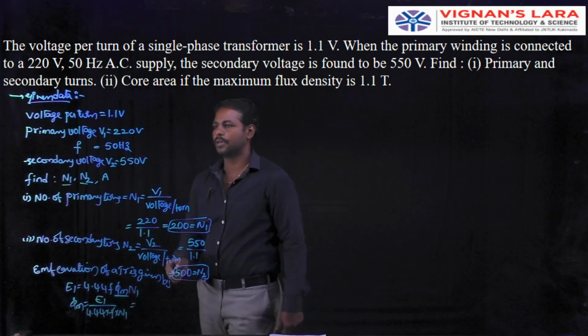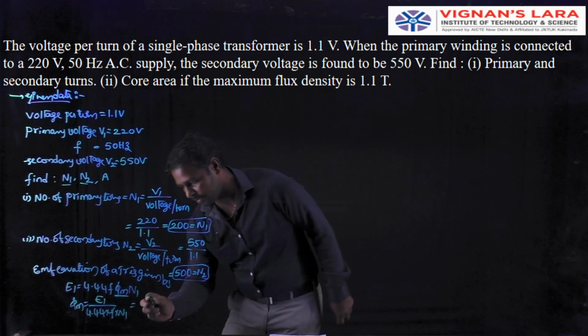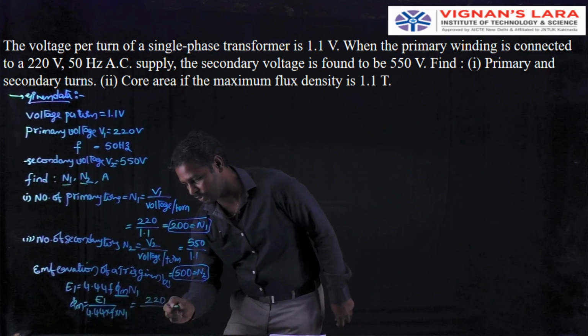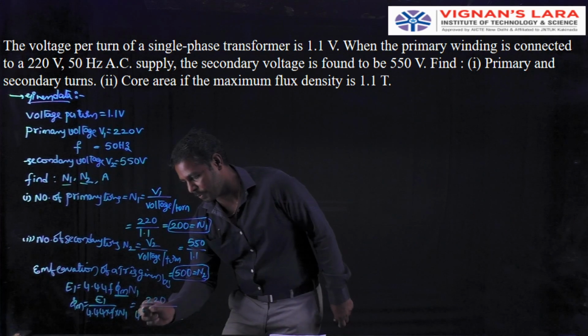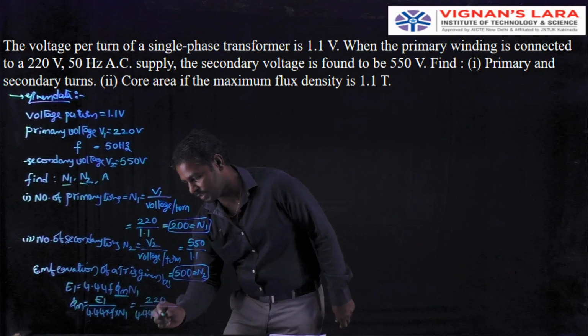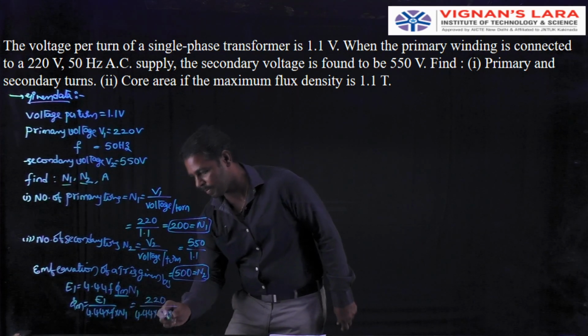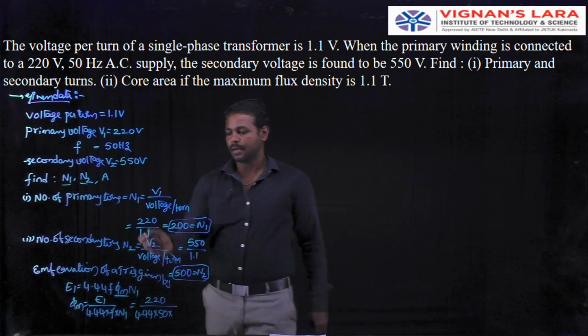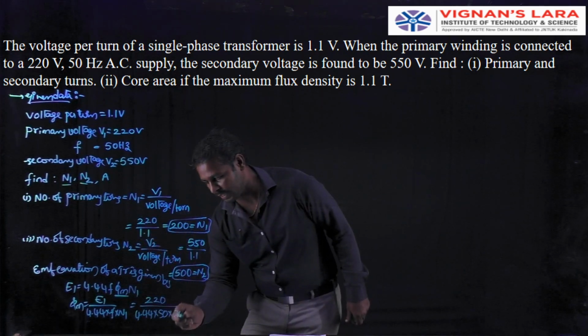With E1 equal to 220, phi m is 220 divided by 4.44 into 50 into N1, where N1 is equal to 200.